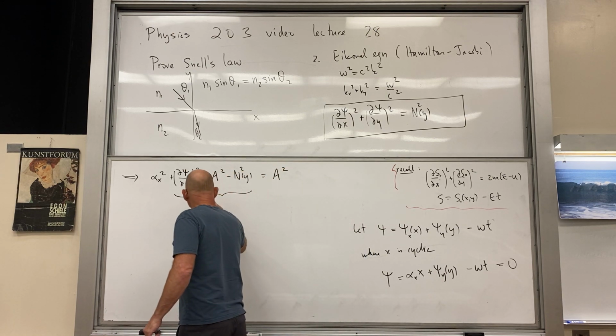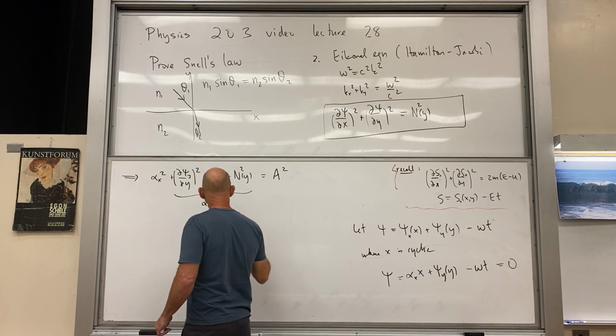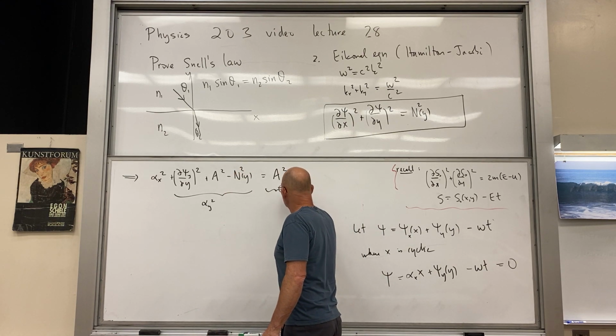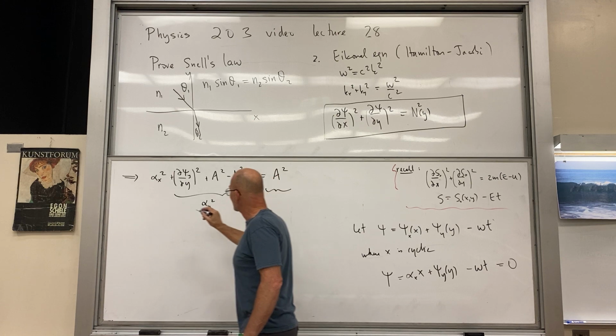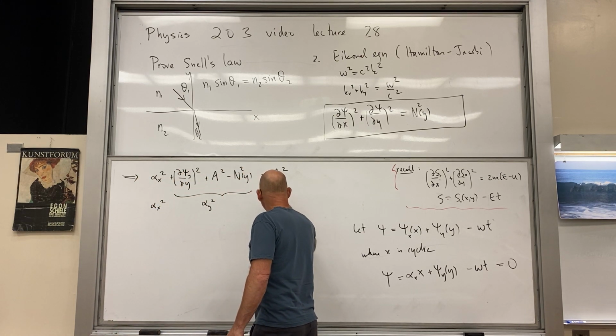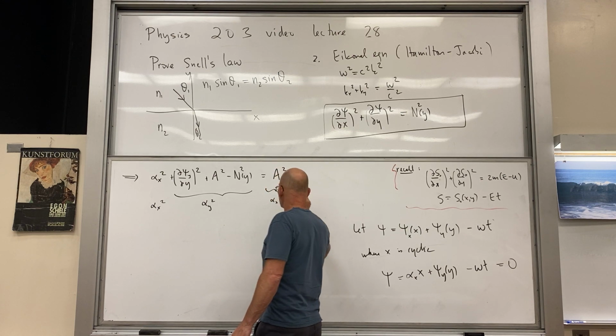We can say this is alpha sub y squared, and then we could even say this side here is alpha sub x squared, so we can say this is alpha sub x squared plus alpha sub y squared.